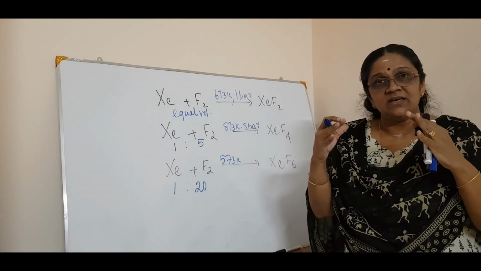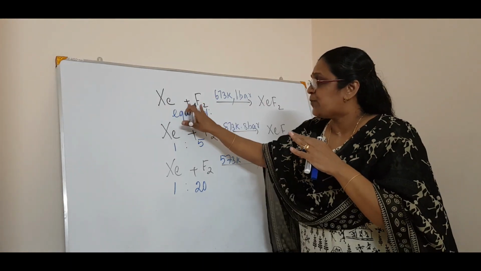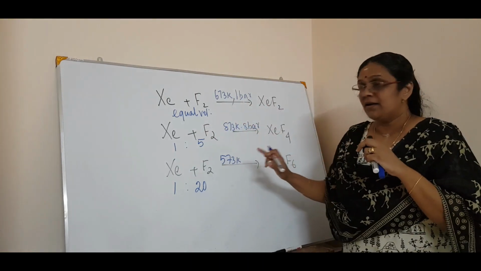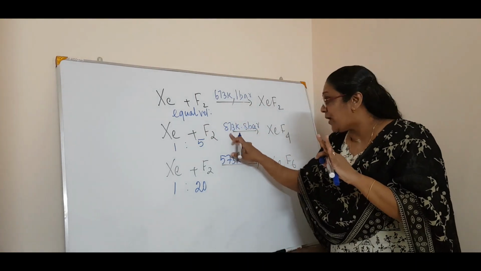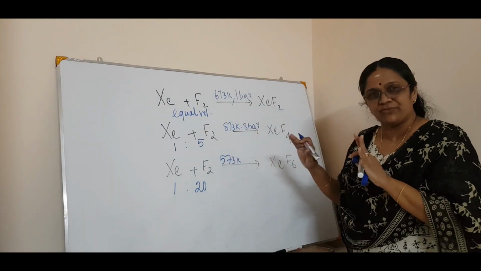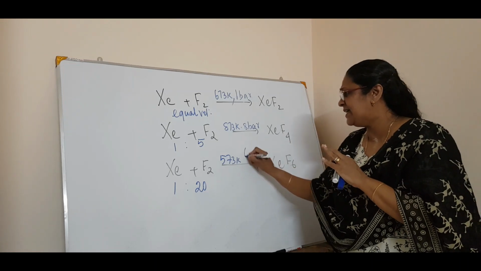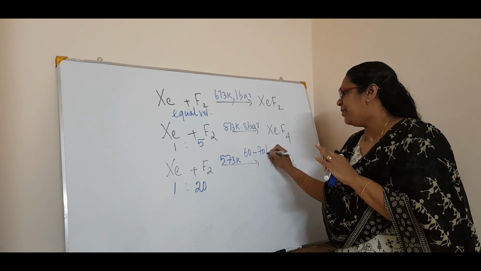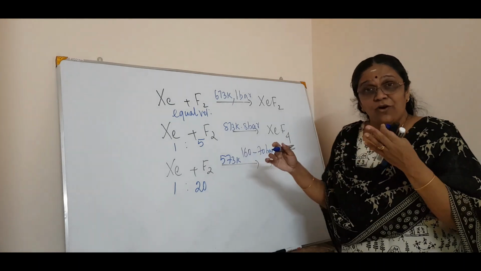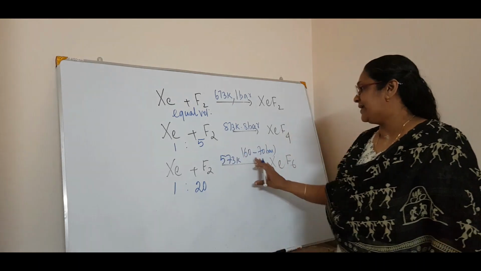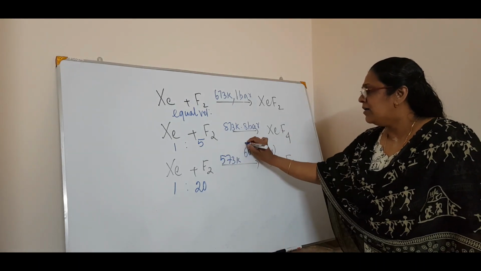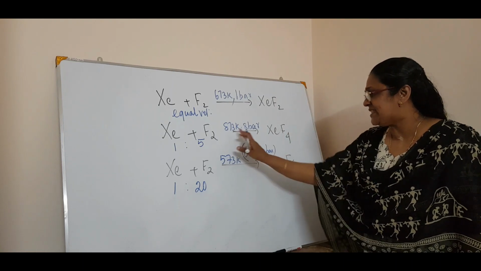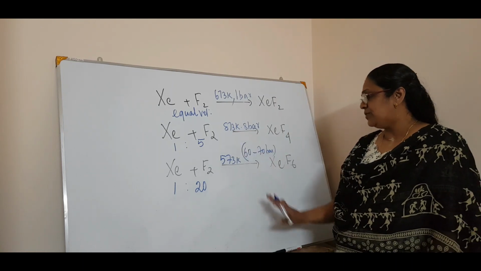So I connect like this. This is the first one, so it is 1 bar. Here I know it is 873, so I put 8 bar. And here you just have to remember it is 60 to 70 bar. Something you have to study, so see whether you can connect it with something else.